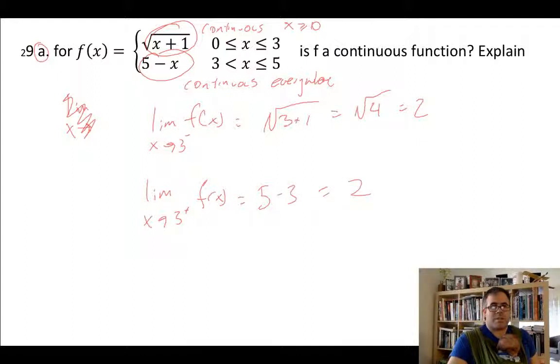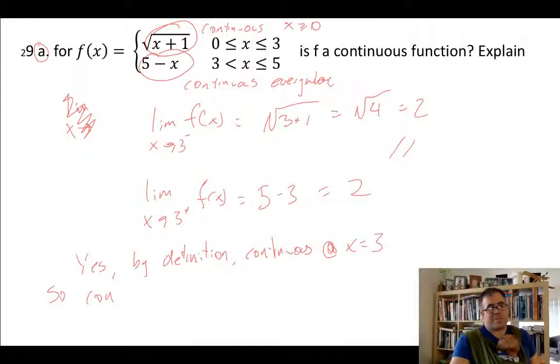And since these limits are equal, and we know that it's defined there, we can say that it is a continuous function at x equals 3, so it's continuous right there, everywhere it's defined.